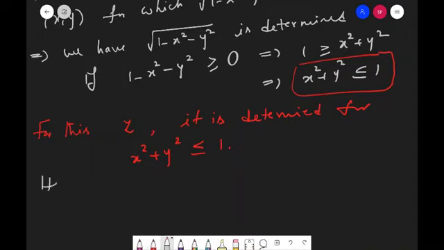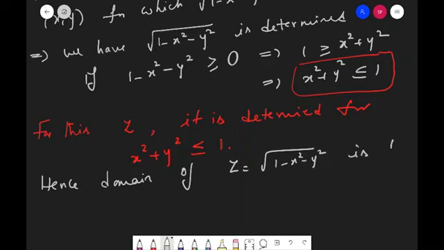Hence, the domain of z equal to square root of 1 minus x square minus y square is the region x square plus y square less than or equal to 1 for x, y.